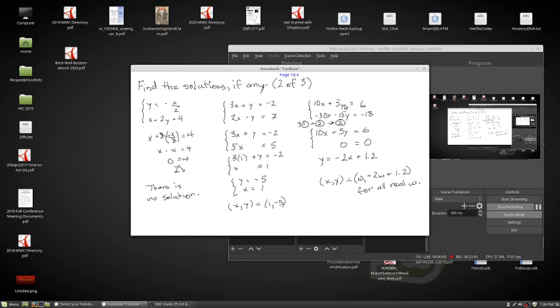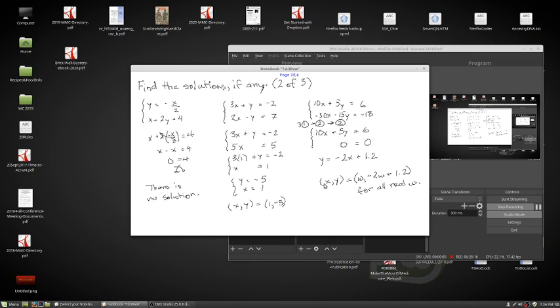So we take one of the equations. In this case, we'll go ahead and use the first one and solve it for y in terms of x. We get minus 10x plus 6, and then we divide through by 5. Negative 10 divided by 5 is negative 2. 6 divided by 5 is 1.2.